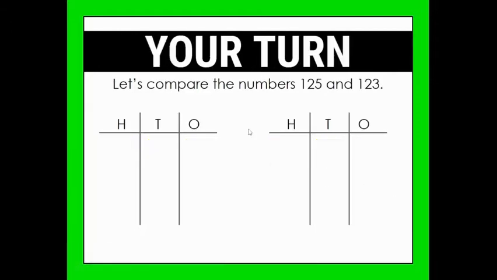So now let's try 125 and 123. Go ahead and build this one with me. So go ahead and draw out 2 charts with an H, T, O. And the first number that you're going to draw is 125. So draw your box for 100, 2 straight lines for the tens, and 5 circles for the ones.